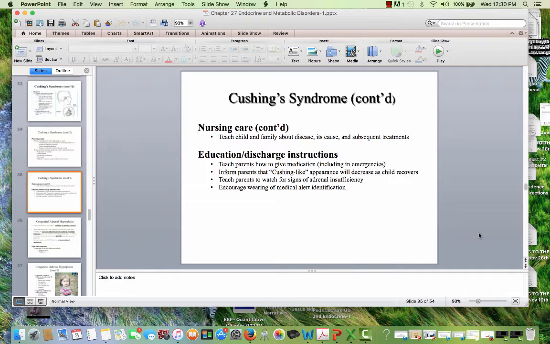You're going to offer nutritional guidance for healthy food selections that will help lower the weight gain, and instruct the parents and caregivers on the signs and symptoms of adrenal insufficiency, such as increased irritability, headache, confusion, restlessness, nausea, vomiting, diarrhea, abdominal pain, dehydration, fever, loss of appetite, and lethargy. These symptoms, of course, can be life-threatening, and the parents should take the child immediately to the emergency room as soon as these symptoms are identified.